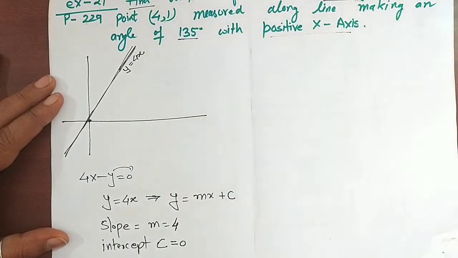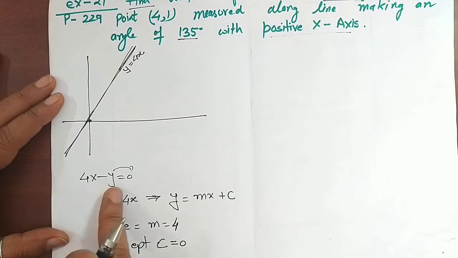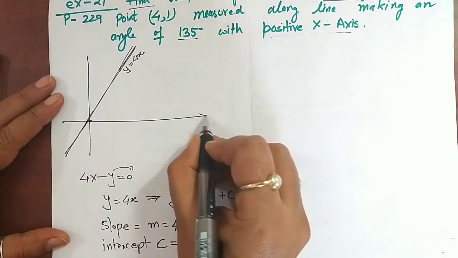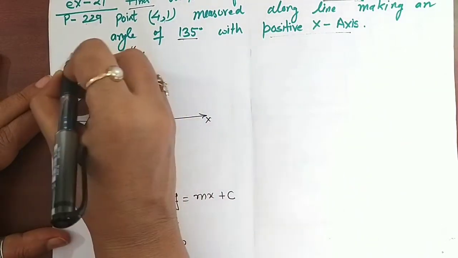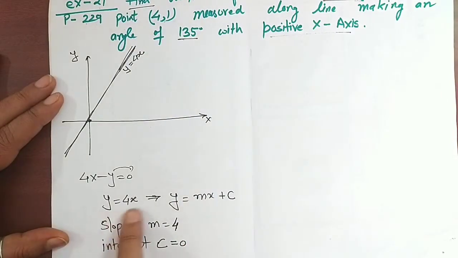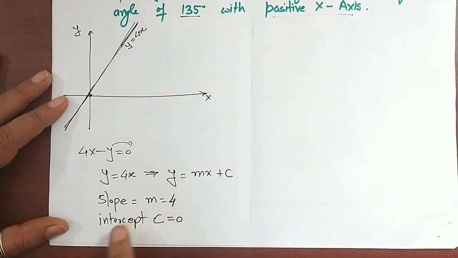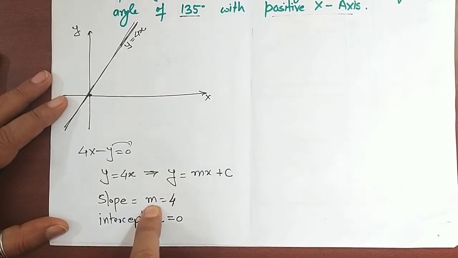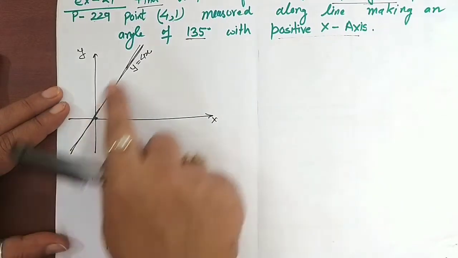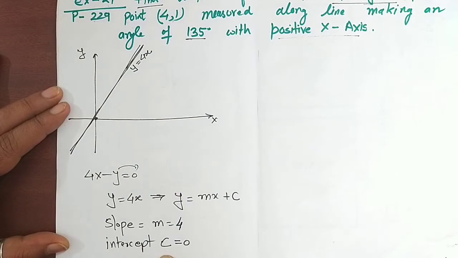There are many ways to get an idea of how the line will look on the xy plane. So I like this method the best, to compare the equation with y is equal to mx plus c. We easily get an idea of whether the slope is positive or negative, and we get an idea of how much c, the intercept, is. So it is very easy to make a rough sketch. So this is my preferred method.